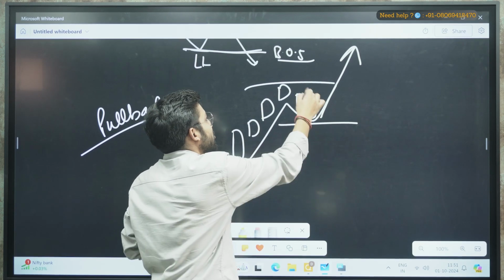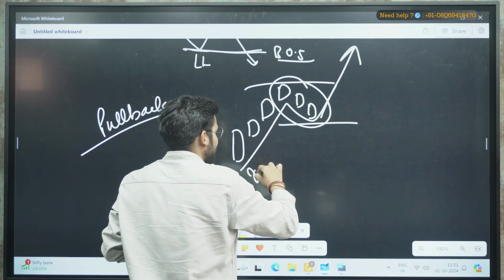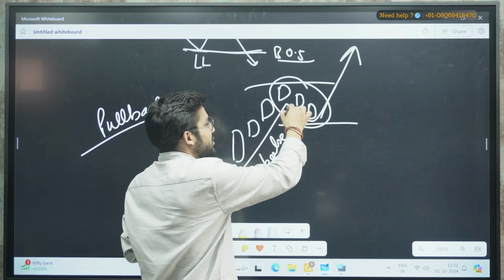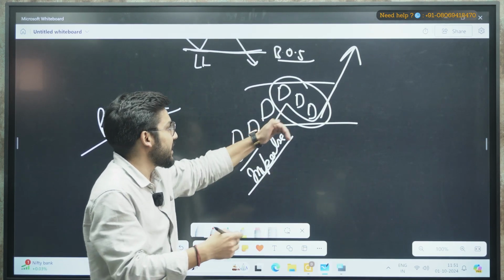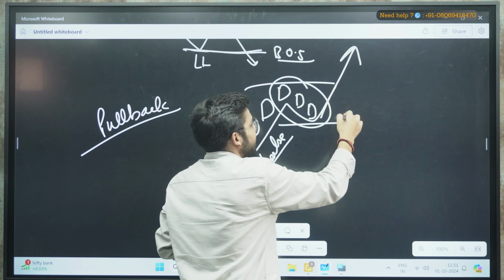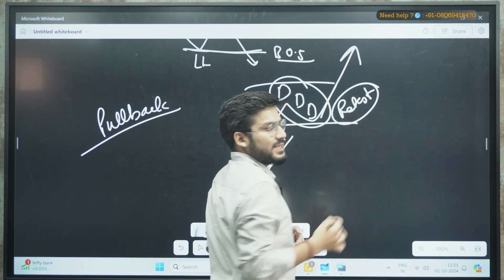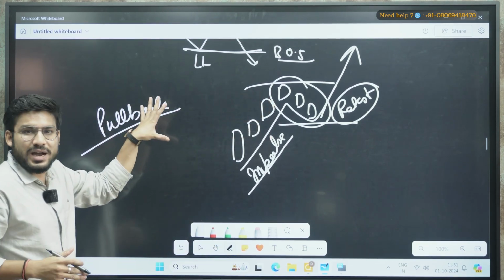First, when the market was going like this, it is called the impulse, the strong action. After strong action there must be some profit booking, so your market comes in the negative direction. This is called the retest, or you can say the pullback, and after the pullback there is a continuation in the same direction.